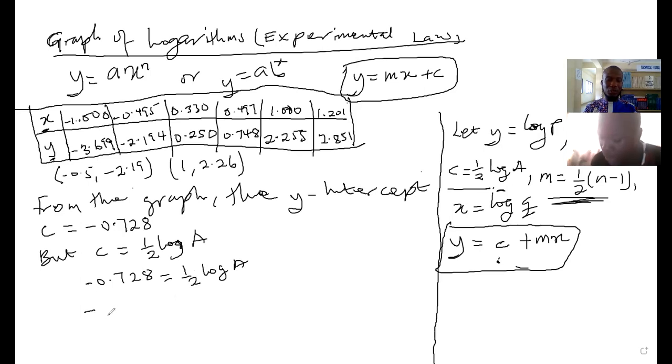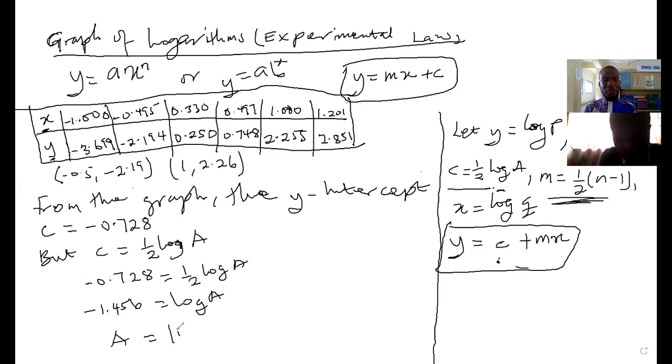A is 0.04 to one significant figure. That is not the final answer. So this will give us 1.456. We got log A. And now A will be equal to 10 exponent negative 1.456.